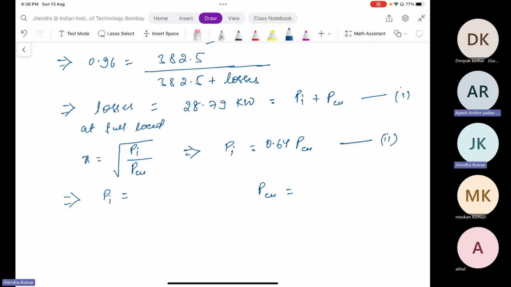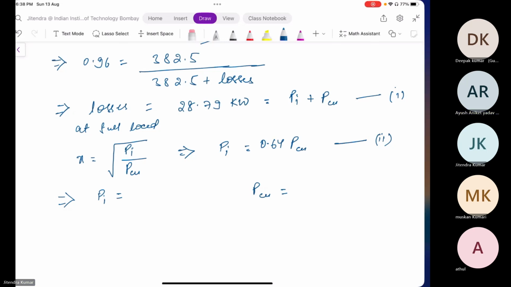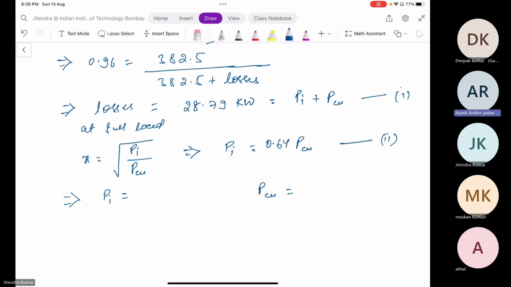Could you repeat whatever you said? Sorry, please repeat that. I think I have some network issue. PCU is equal to 17.55 kilowatt. It is full load copper loss, right? This is 11 point something, right? How much? Full load.